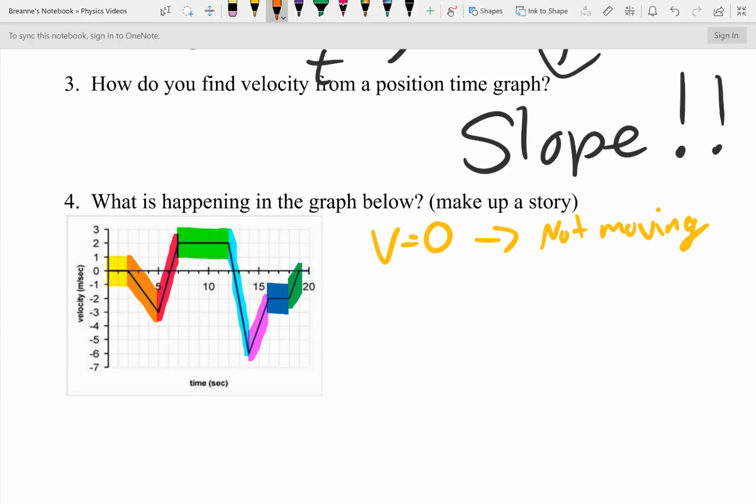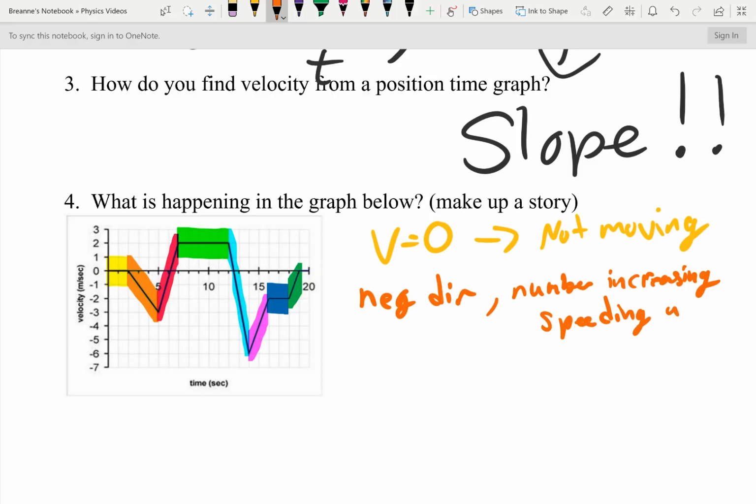So you're moving in a negative direction, but your numbers are increasing. So therefore, you are speeding up. You're just speeding up in the negative direction.